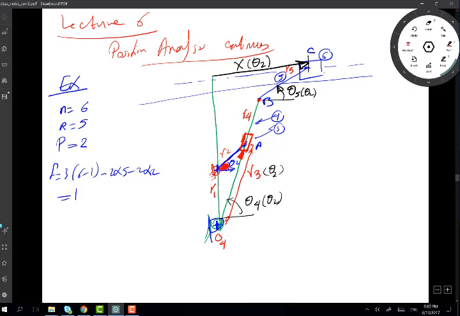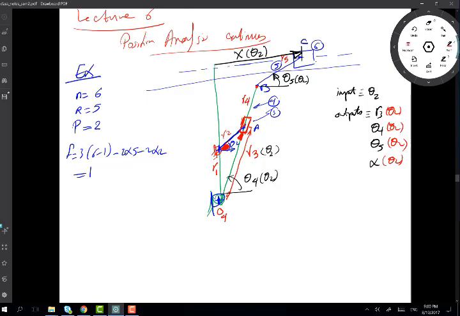So I have 4 things to calculate as functions of theta 2. My input is theta 2, and my outputs are R3, theta 4, theta 5, and x. All of them should be functions of the single degree of freedom, theta 2. Let's find our way through this example.